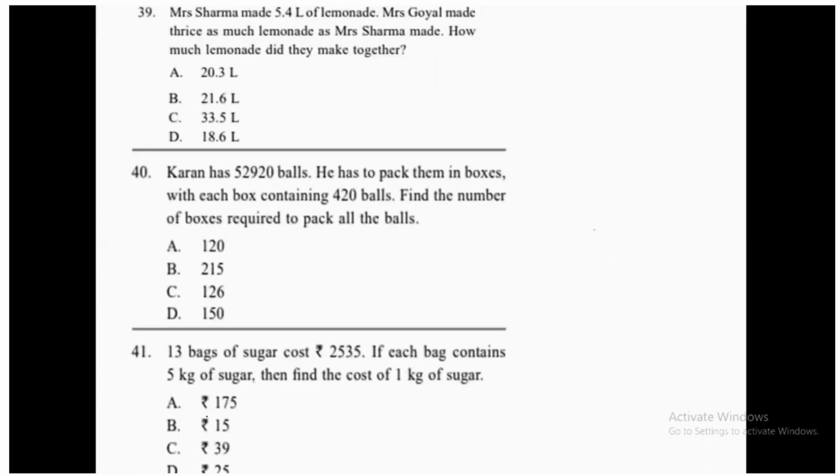Now we have another question, which is question number 39. This question is saying that Mrs. Sharma made 5.4 liters of lemonade. Now Mrs. Goyal made thrice as much lemonade as Mrs. Sharma. So first we need to find how much Mrs. Goyal made. Then we need to find how much lemonade they made all together.